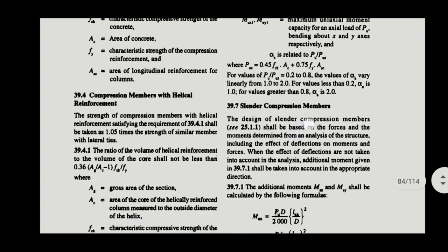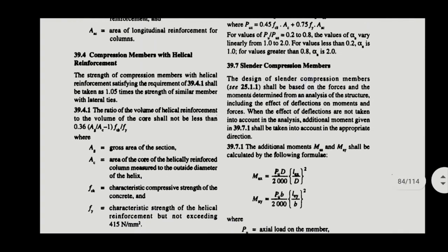Now, as per clause 39.4.1, the ratio of the volume of helical reinforcement to the volume of the core shall not be less than 0.36 into (Ag by Ac minus 1) into fck by fy.